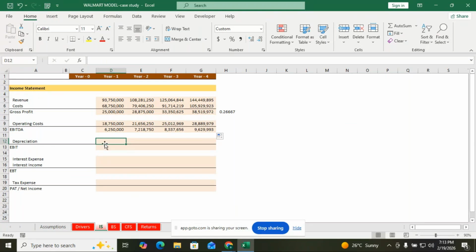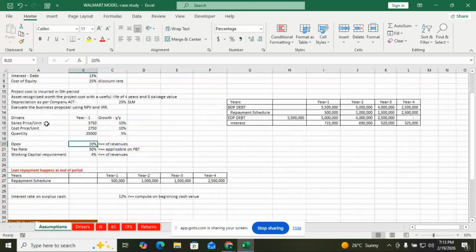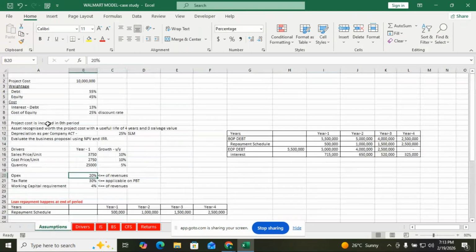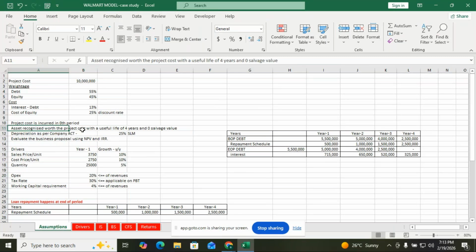Now the next step is to compute the depreciation amount. I'm going back to the assumption sheet, and if you scroll, what is the total project cost? It is 100 lakhs. Come to this line: asset recognized worth project cost with a useful life of 4 years and 0% salvage value.